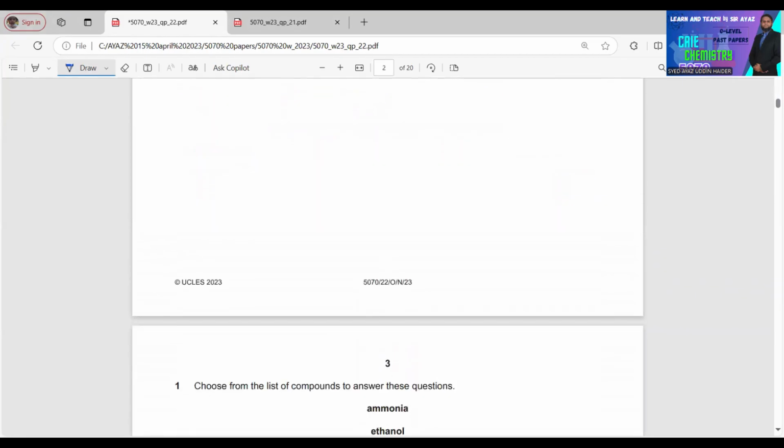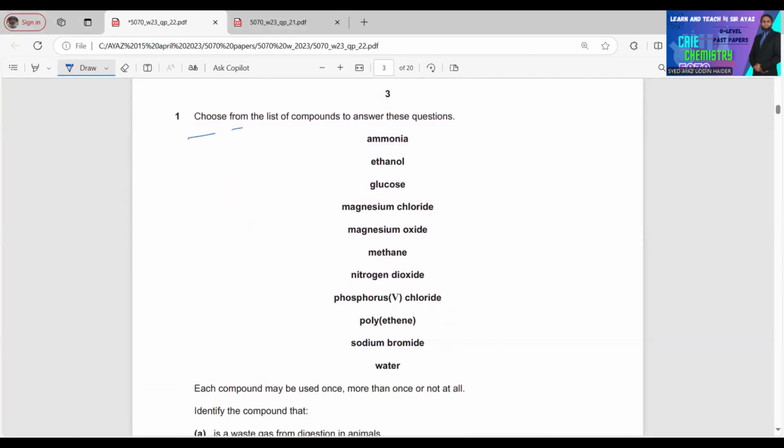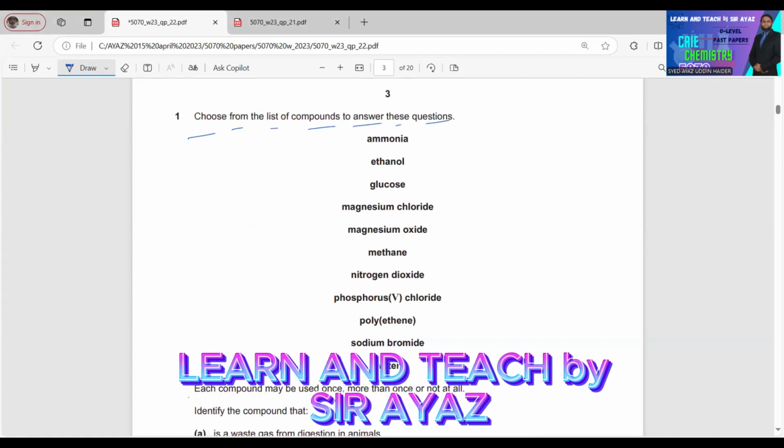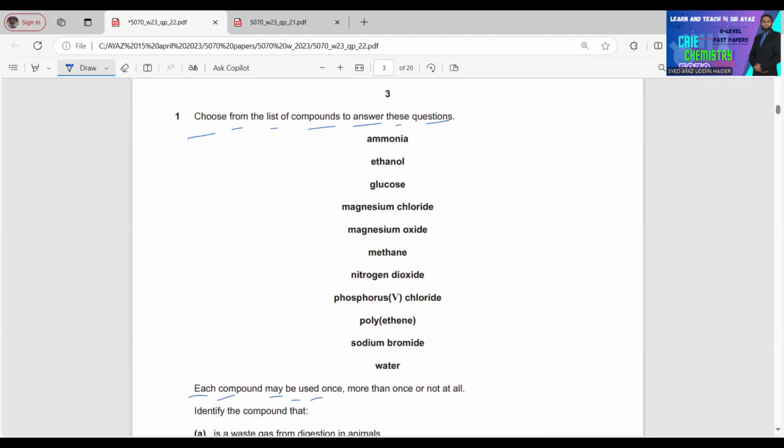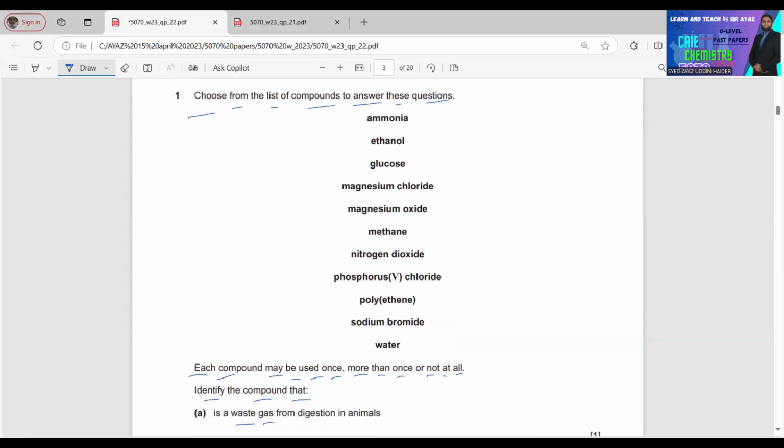Here's question number 1. Choose from the list of compounds to answer these questions. Each compound may be used once, more than once, or not at all. Identify the compound that is a waste gas from digestion in animals.